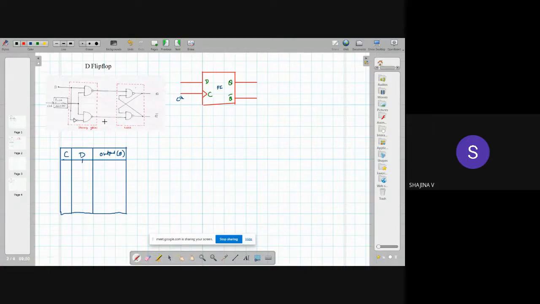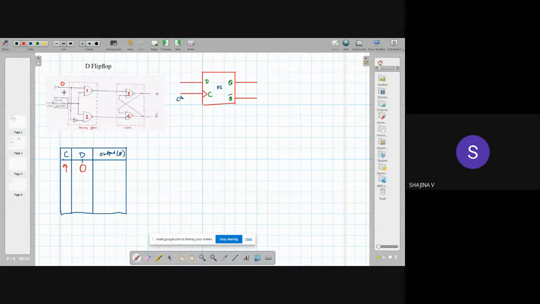Okay, now we can see the working and the truth table for this D flip-flop. For the positive edge trigger, first we are giving input as 0. Here we have only two cases, D can be either 0 or 1. If I am giving input D equal to 0, you can see I am numbering the NAND gates like this: first NAND gate, second NAND gate, third and fourth.